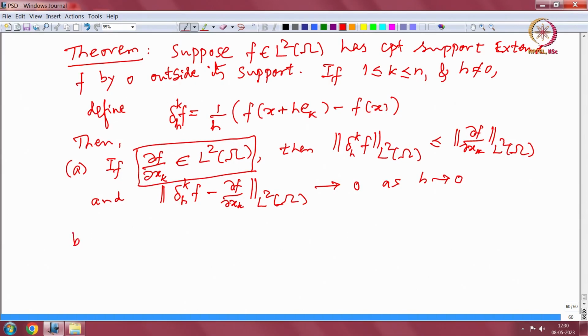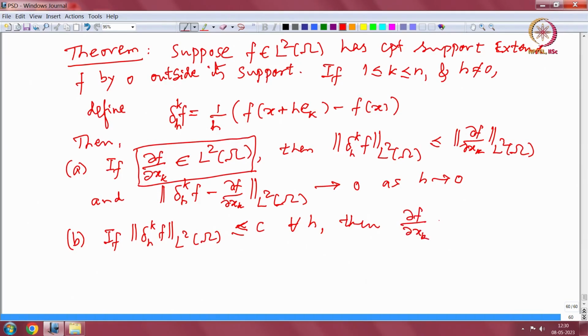Conversely, if the L2(Omega) norm of del_h^k f is bounded by C for all h, so this C does not depend on h, then del f by del x_k exists, and of course it exists always in the distribution sense, and it is in L2.